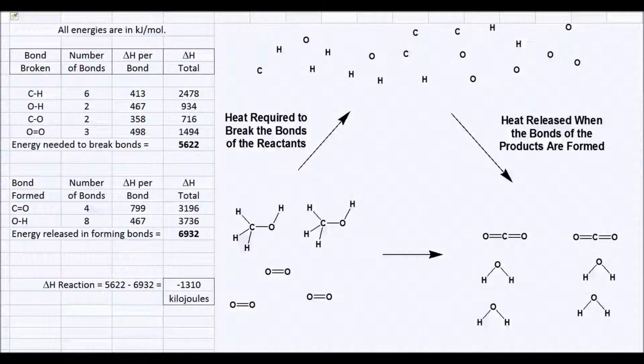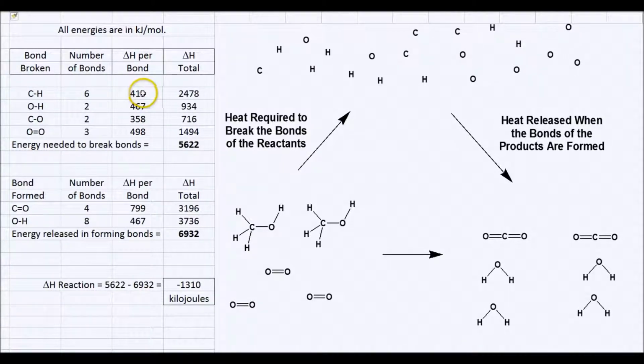Okay, we're back. Let's do our spreadsheet analysis of the energetics of the reaction of methanol with oxygen. We're going to look at the bonds broken, and you can see in this diagram we break 6 CH bonds, and they're not real strong, 413 kilojoules per mole. All of the energies are in kilojoules per mole.